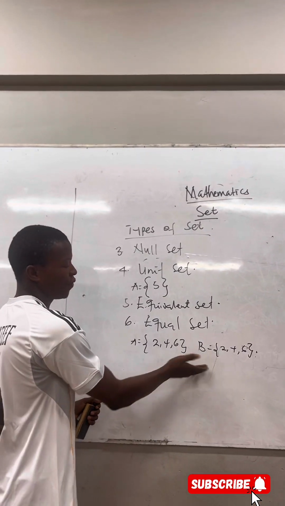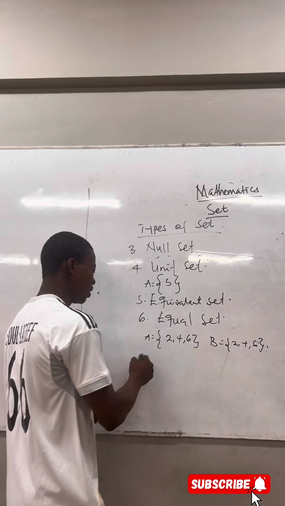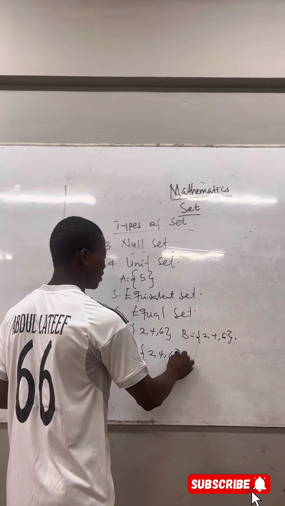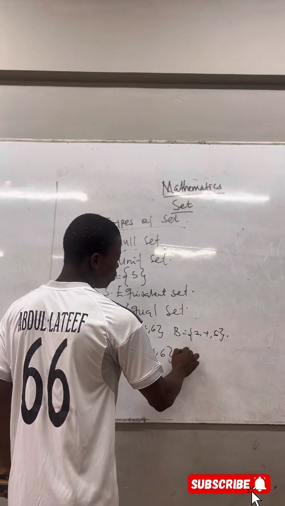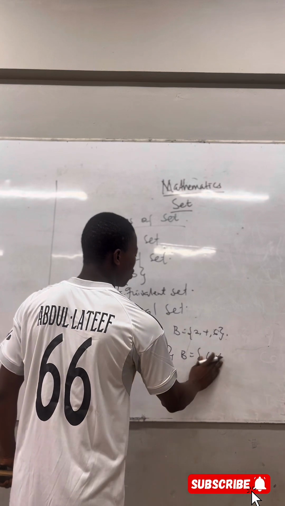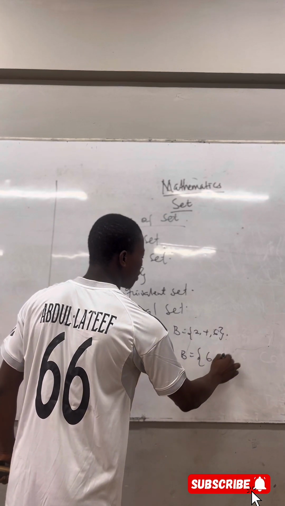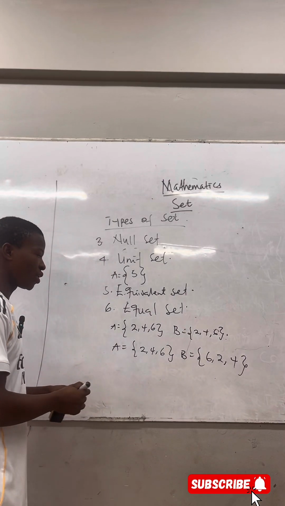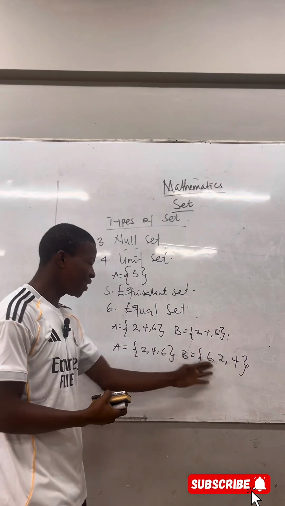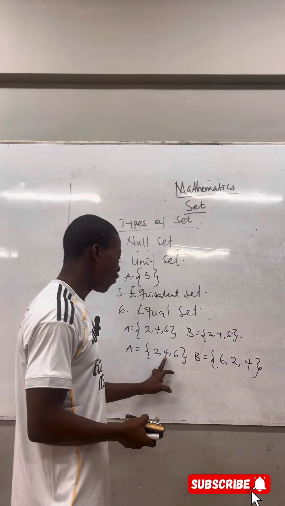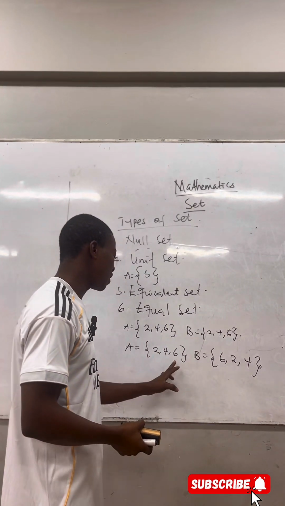Equal set does not necessarily mean the arrangements need to be the same. For instance, in the first example, A is equal to 2, 4, 6. We can have B to be 6, 4, 2, or 6, 2, 4. It's still the same, because based on the individual elements, we can have 2 here and 2 here, 4 here and 4 here, 6 here and 6 here.